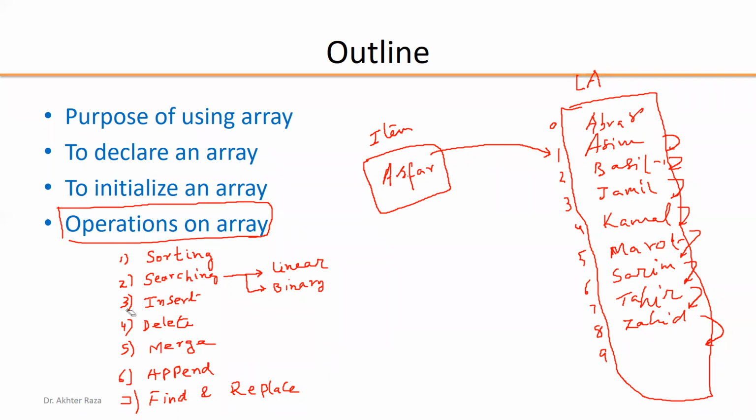Insert and append are slightly different. In insert, we have to insert in the in-between space, and if we want to insert at the bottom, suppose Asfar has to be inserted at position number 9, this is called append. So append means placing a new element at the bottom of the array, while insertion means placing an element into the array at a specific position.